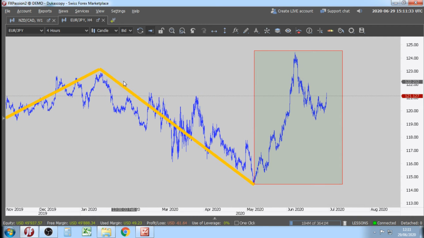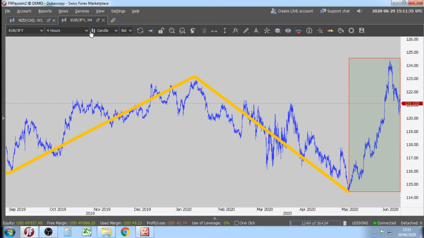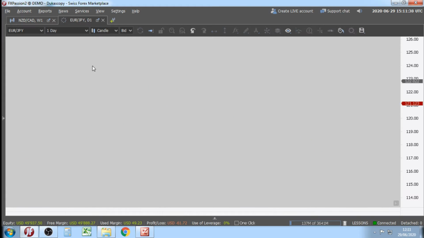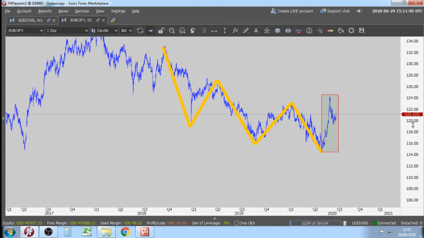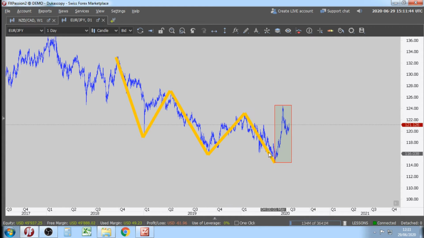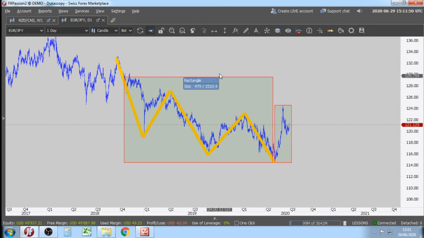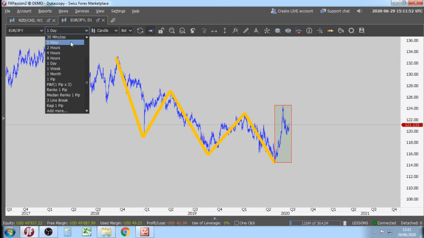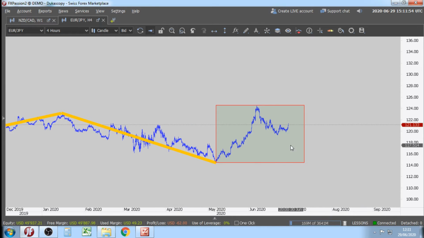This story is different than this story, everybody. Remember, you need to be clear on what story you are trading. Those are two different stories, two different market environments. Okay, 4 hour chart, okay, let's go.